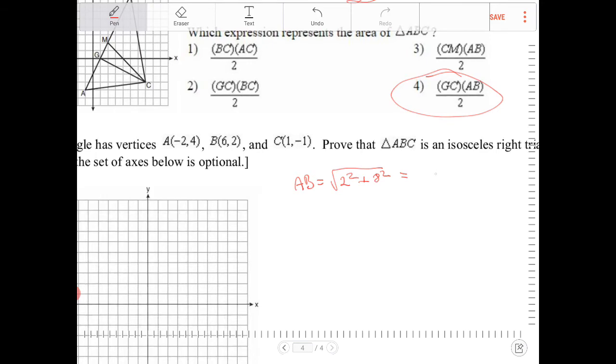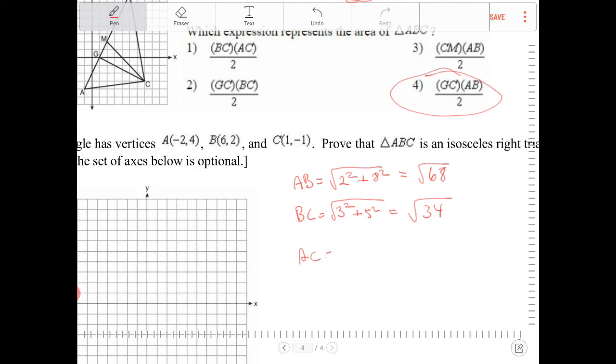This would be 68, the square root of 68. BC has a length of -1 minus 2, which is 3, so it's 3 squared, plus 1 minus 6, which is 5, so plus 5 squared. And that would be 25 plus 9, which is 34.